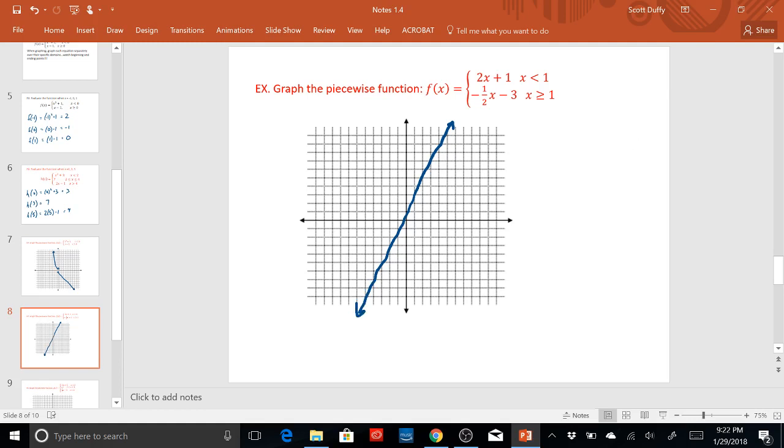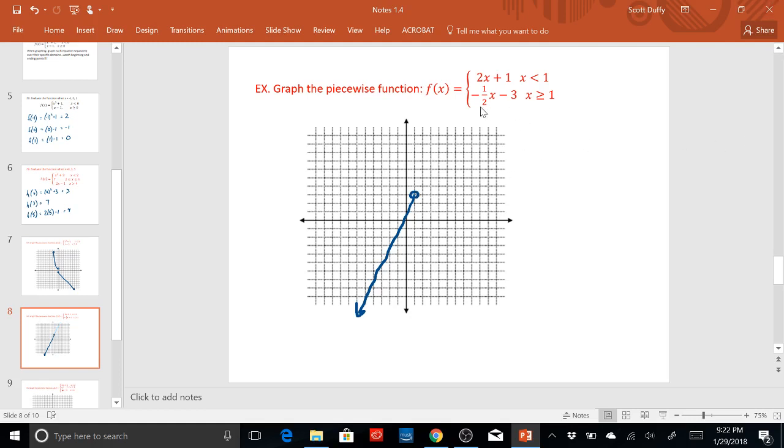And then we're only interested in where x is less than 1. So we're going to go to where x equals 1. That would be at 3. We're only going to the left of that, so I'm going to erase everything to the right. And since x is less than 1, I have to leave this as an open dot at that value.